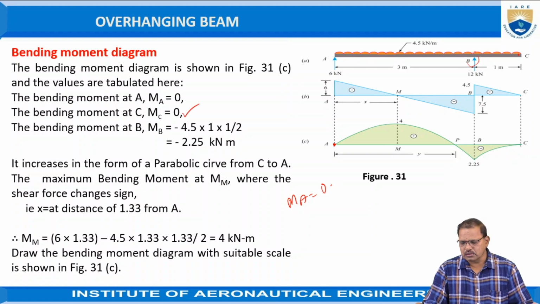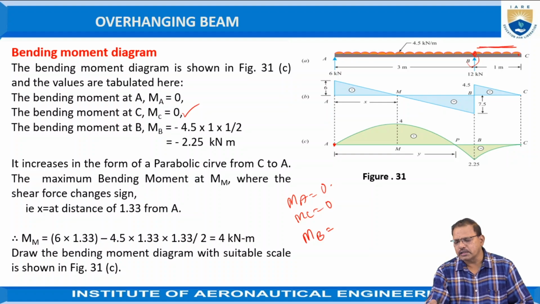We require one more point, at B. The bending moment at point B: we have to consider the load acting toward the right of the beam, which is 4.5 kilonewtons per meter. The distance is 1, but it acts at the middle of the span, because the point of application of a uniformly distributed load is at its center of gravity. Hence, we can take 1 by 2.